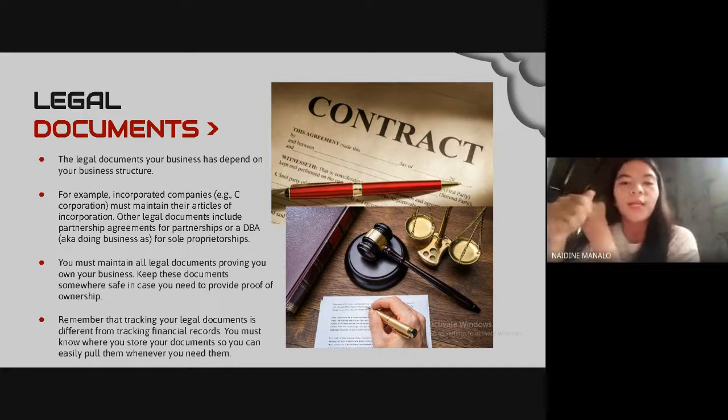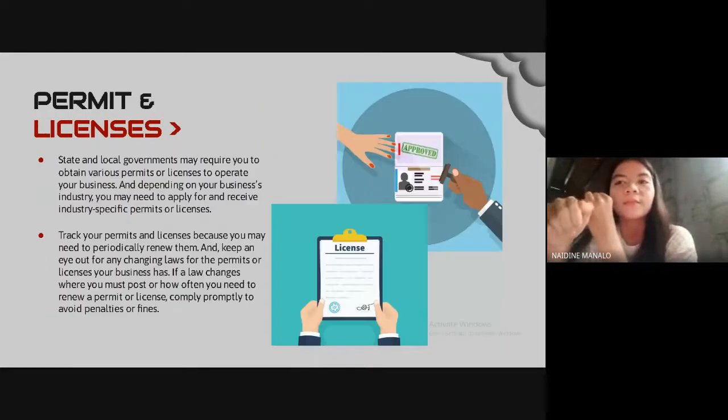And second to the last, the permits and license. State and local governments may require you to obtain various permits or licenses to operate your business. And depending on your business industry, you may need to apply for and receive industry-specific permits or licenses.